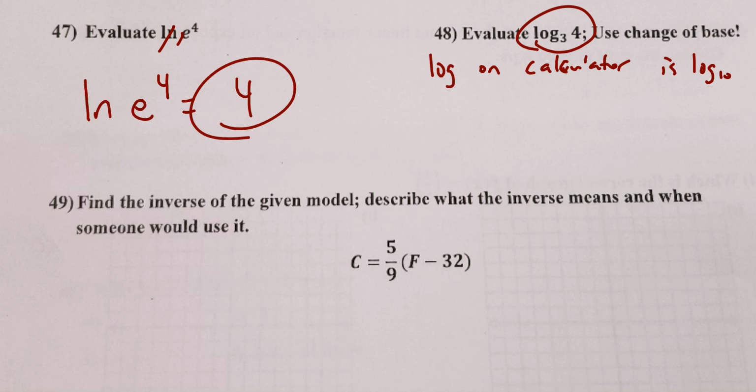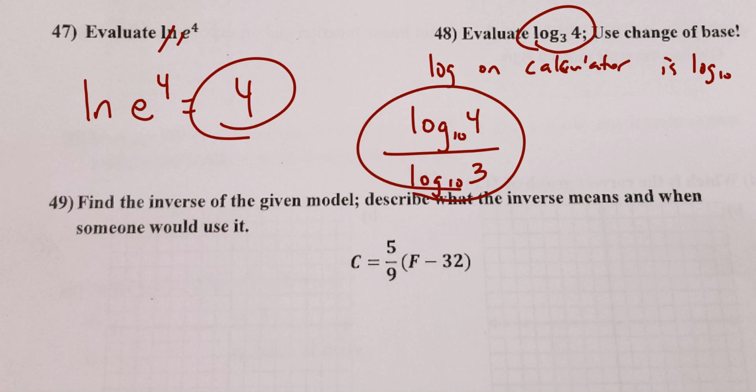So you use a change of base formula, which says you take log of the top, in base 10, over log of the base in base 10. Now I can type this in my calculator because log base 10 is in my calculator. And I get 1.26. And that's it for 48.